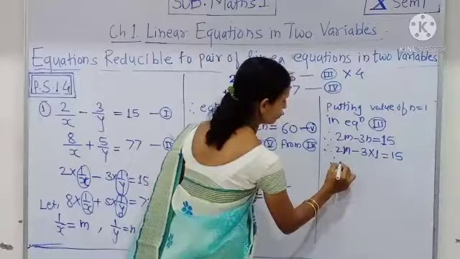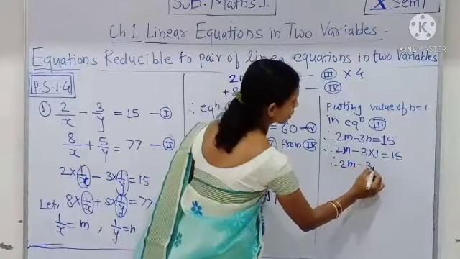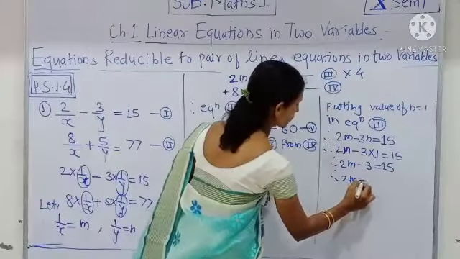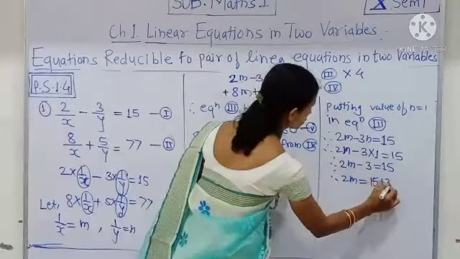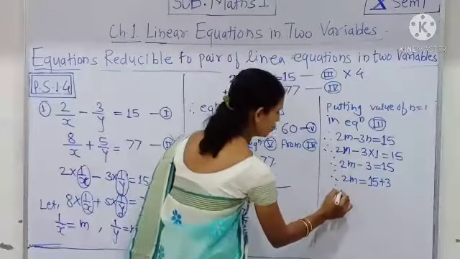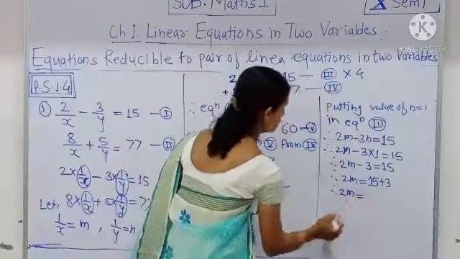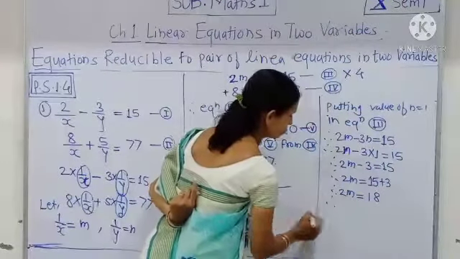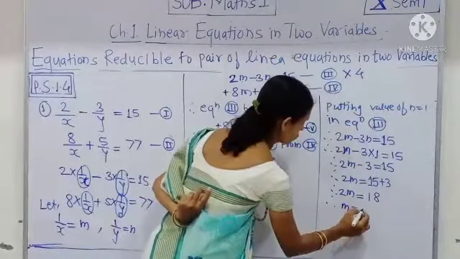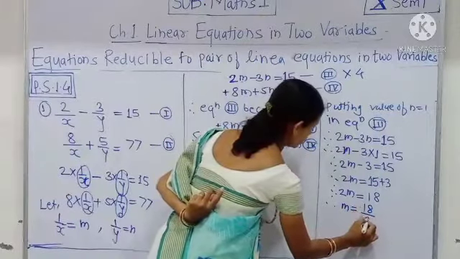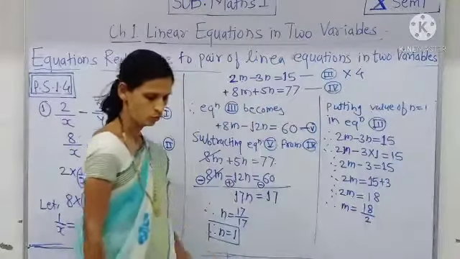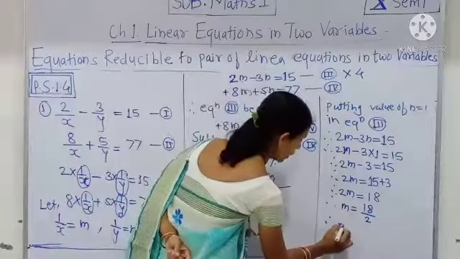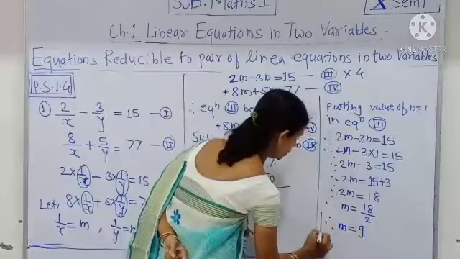Therefore 2m minus 3 is equal to 15, and therefore 2m is equal to 15 plus 3. Therefore 2m is equal to 18. Therefore m is equal to 18 upon 2, therefore m is equal to 9.